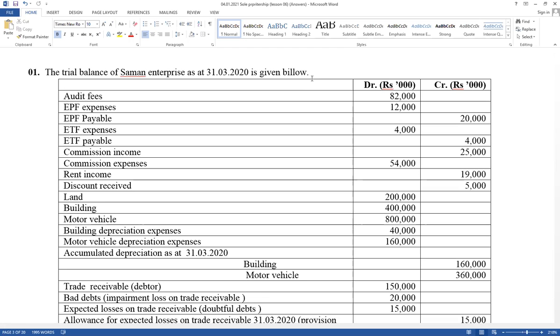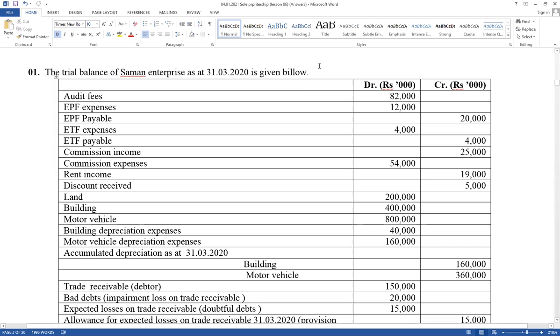Fourth one is the statement of cash flow. And fifth one, accounting policies and notes. Those are the things we have to prepare as financial statements under A level. But at this level, I am going to discuss only the income statement as well as the statement of financial position. The statement of changes in equity, statement of cash flow, and accounting policies and notes are relevant for the company lesson, that is lesson 12.